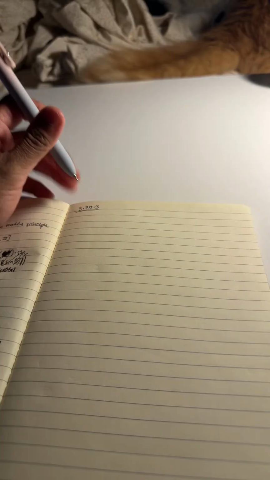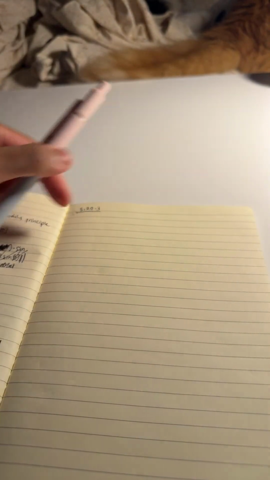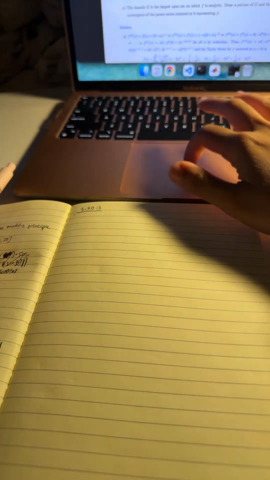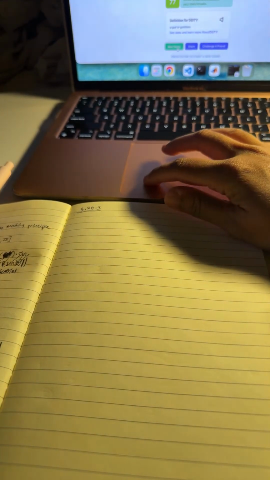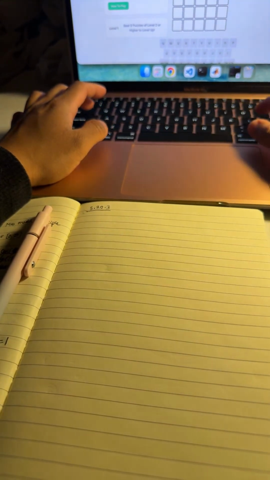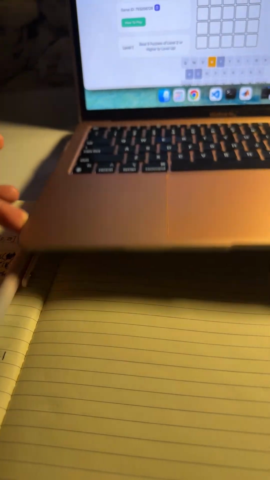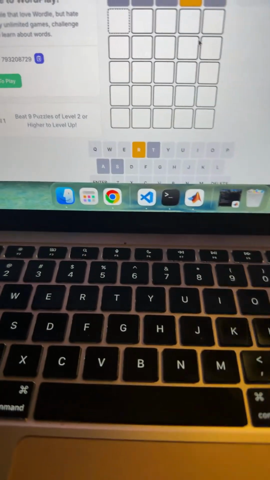Alright. For this question, should we do a Wordle before we start? One more Wordle. Please. Before we start. Oops. Gotta move this closer.